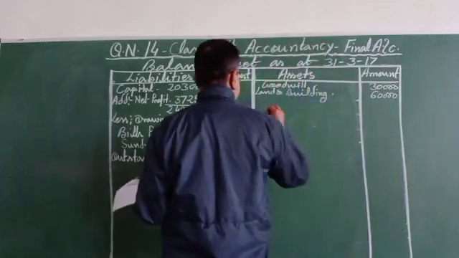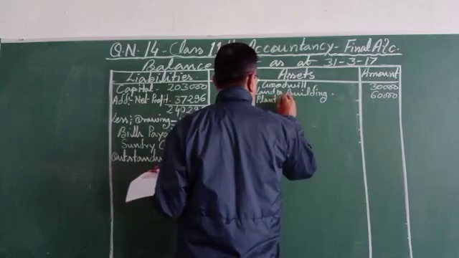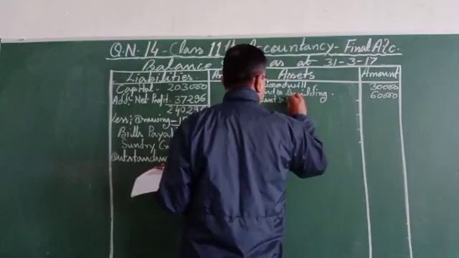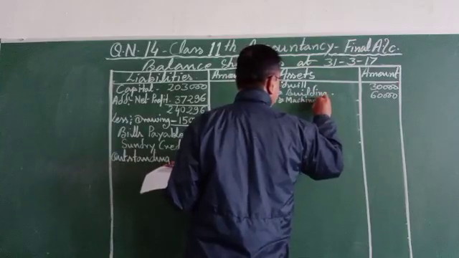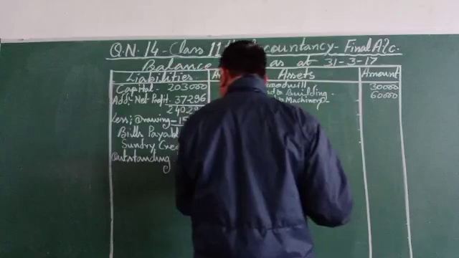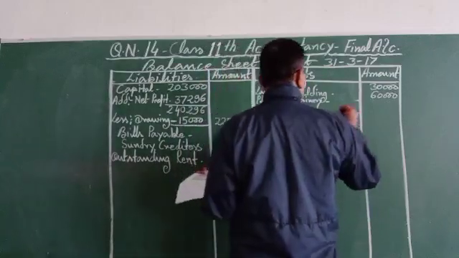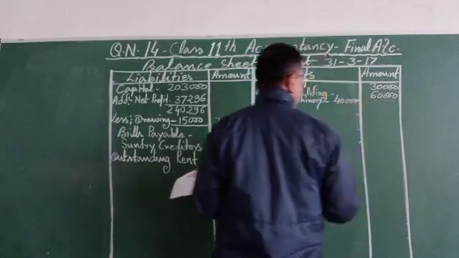Plant and machinery. Now dear children, depreciation is given. So in the column, plant and machinery 40,000. This is the way.